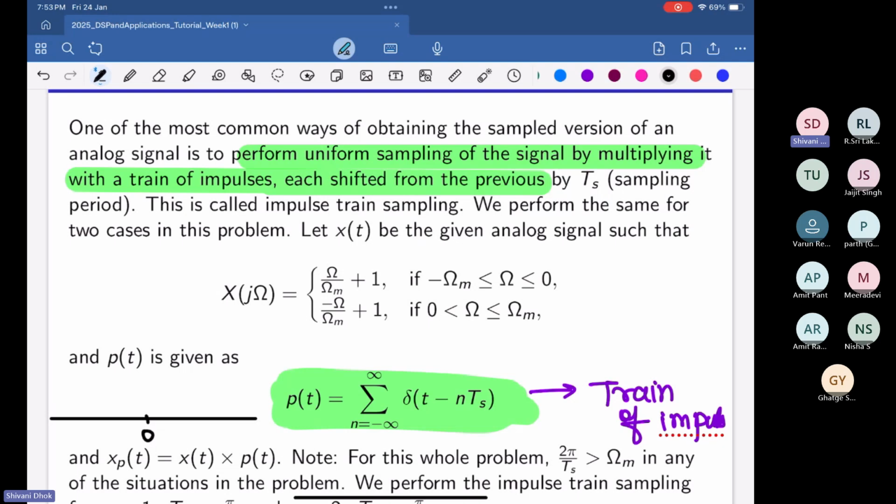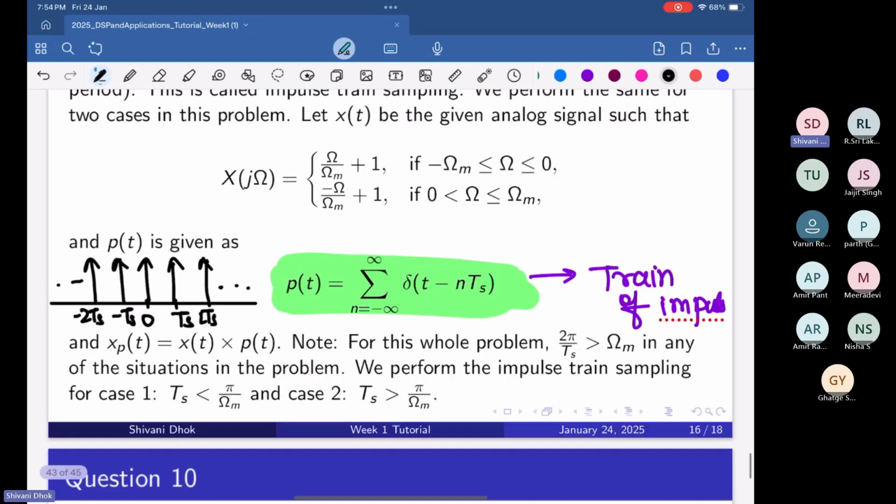At 0 we have delta t, then at Ts we again have an impulse, then an impulse at 2Ts and so on. Similarly, we have it at minus Ts, minus 2Ts and so on. So it looks like a train of impulses. That's why it's called a train of impulses. Just a visual understanding of that.